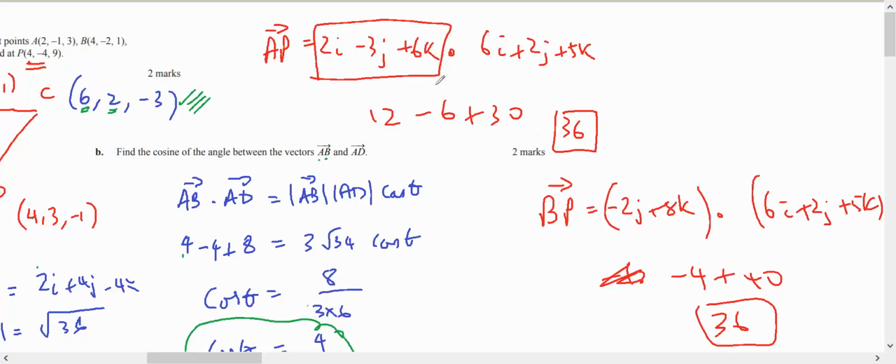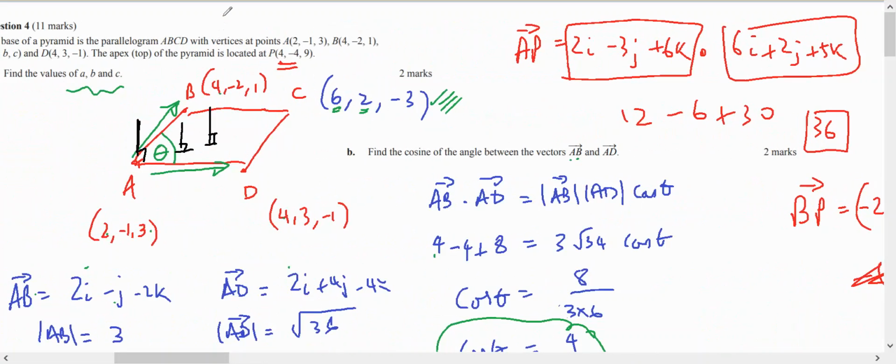So I get 36 when I do the dot product of AP times this, or BP times this, or CP times that, or DP, because what I'm doing is if this is my P, then I'm breaking down and getting that particular height. And if I do the C to P, I'm also getting the same height.